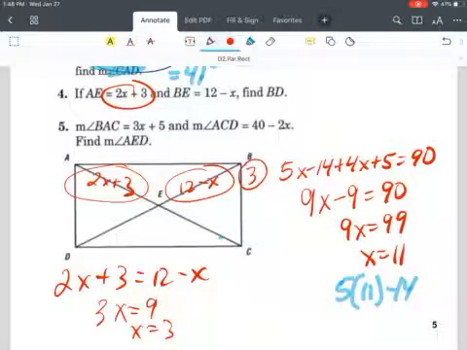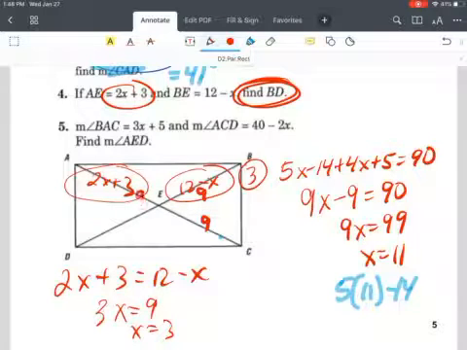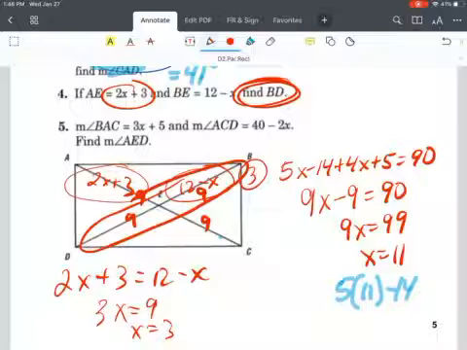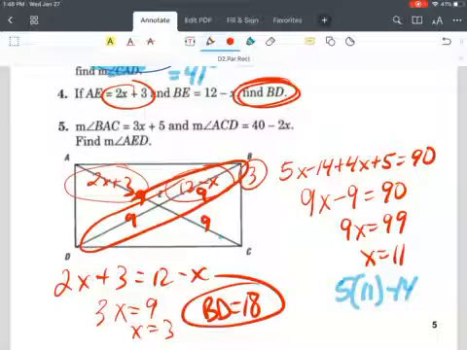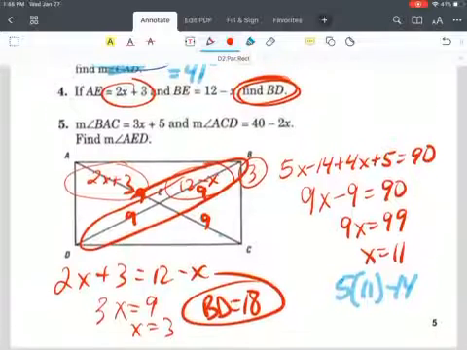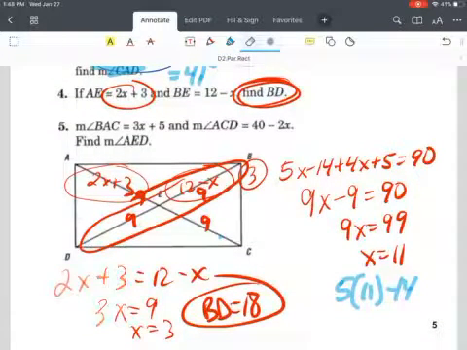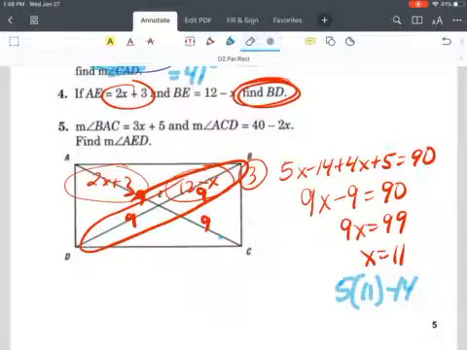So I get x equals 3, and then in order to find BD, when I plug 3 in, each of these parts are going to be 9, which means the whole diagonal is 9 and 9, which is 18.